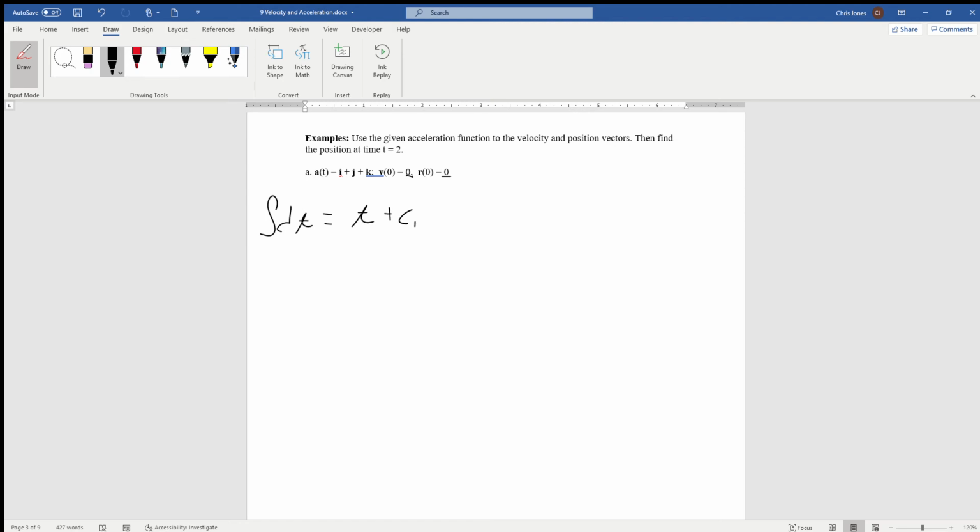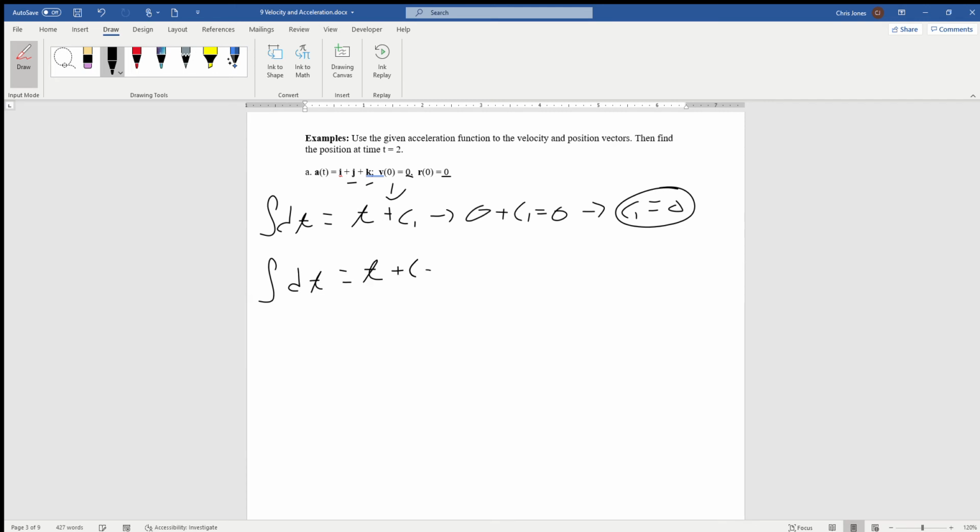And we know that this is actually going to be our velocity function. Right? So when we substitute 0 back in, 0 plus c1 is equal to 0, which implies c1 is equal to 0. Right? We're going to integrate the exact same thing for j and k, and obviously we're going to get the same response.